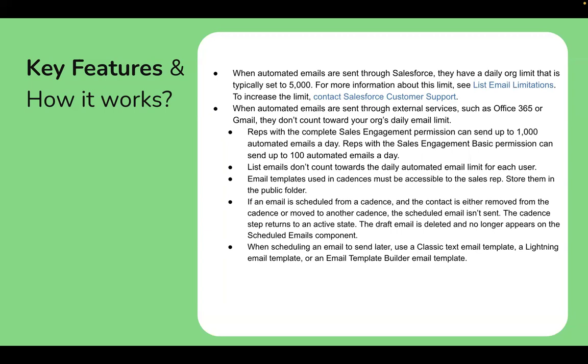Reps with the complete sales engagement permission can send up to 1000 emails a day. Reps with sales engagement basic permission can send up to 100 automated emails in a day. So when we configure the cadence, it will give us an option to send either manual email or automated email. So that's the difference here.